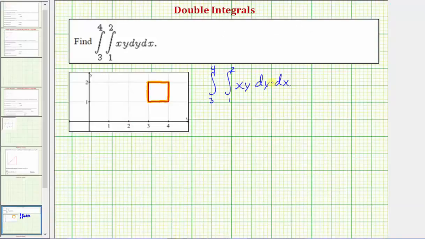So we first integrate with respect to y, treating x as a constant. So we'd have x times y squared divided by 2, or 1/2 x y squared. Let's go ahead and factor out the 1/2.